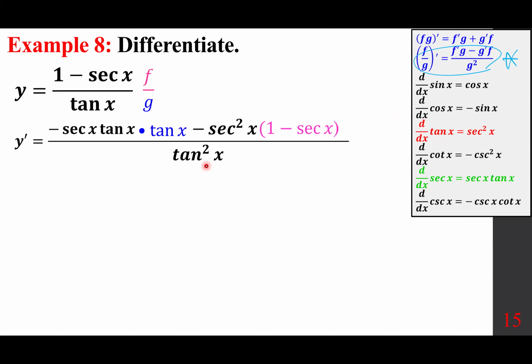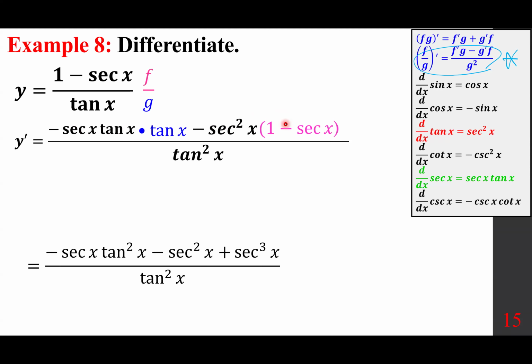Again, done with calculus. We use our algebraic techniques and trigonometric information to finish the job. So what do we do? This is negative secant x tan squared. This one is negative secant squared x when you distribute, and this is positive secant cubed.